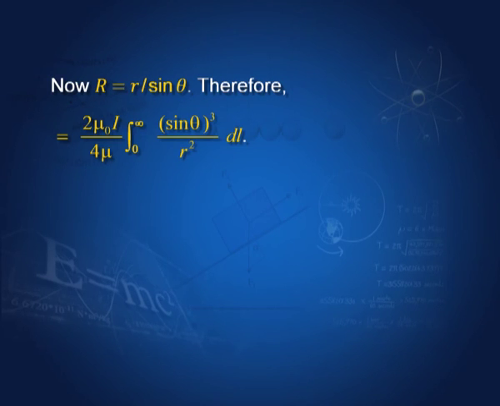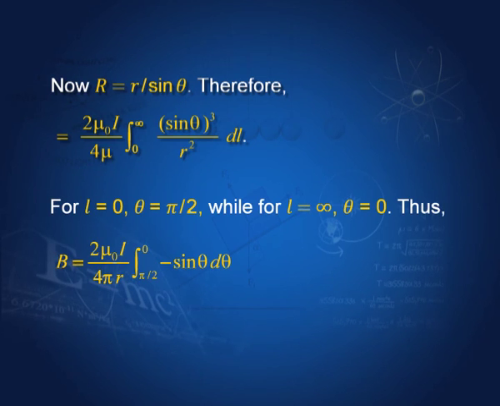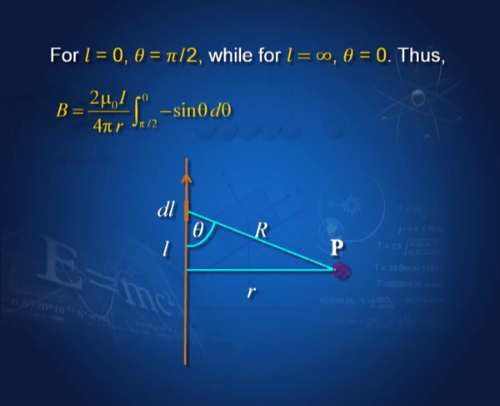So, that is what we have done here, and now if we do all that, this integral 2 mu 0 I by 4 pi, 0 to infinity sin theta cubed by r squared dl, now reduces to 2 mu 0 I by 4 pi r integral from pi by 2 to 0 of minus sin theta d theta. You see, when you change the variable on which integration is to be taken, you also have to change the limits. So, we have done that. This is little mathematics which you can do, there is no problem.